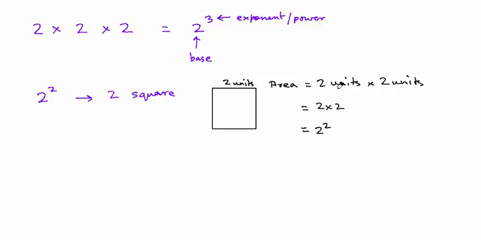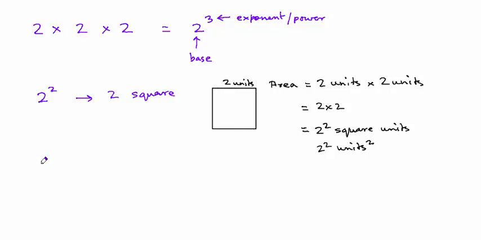And then obviously when you're multiplying a certain unit with itself, you have square units, also written as units square. So whenever we come across a power of 2, we call it a square, because that's how you find the area of a square.